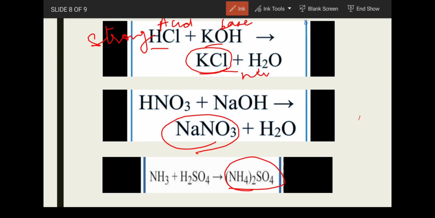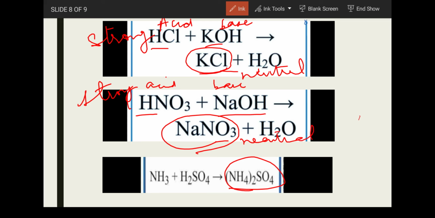Here, again both the acid and the base are strong, so the salt will be neutral in nature.